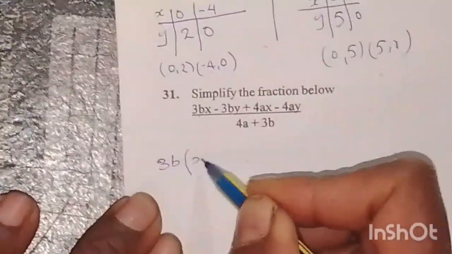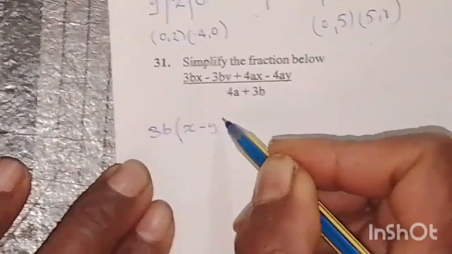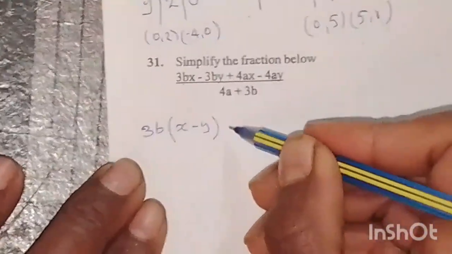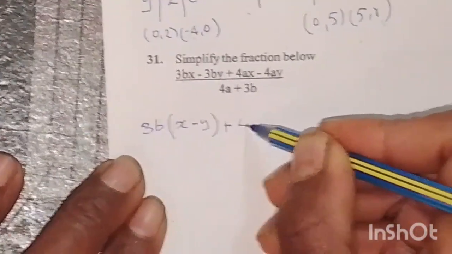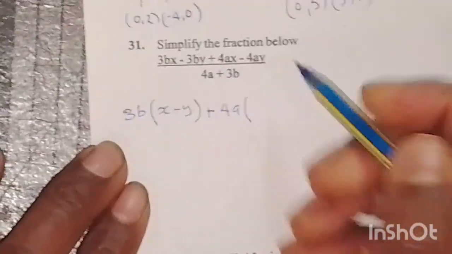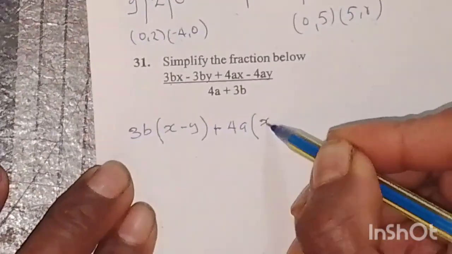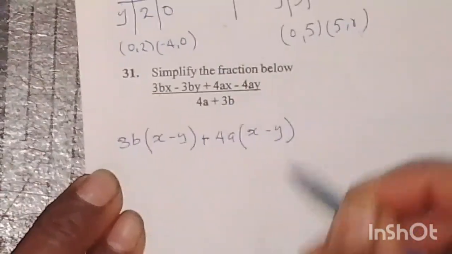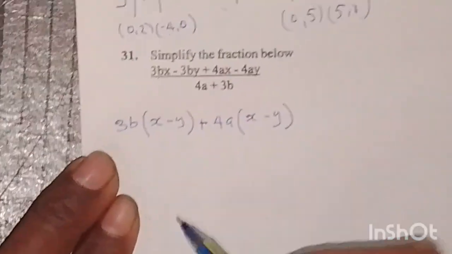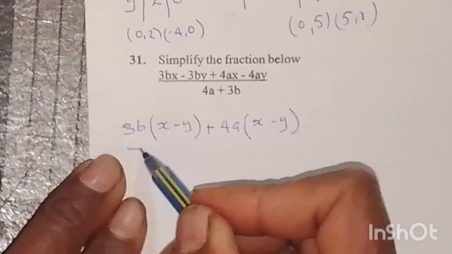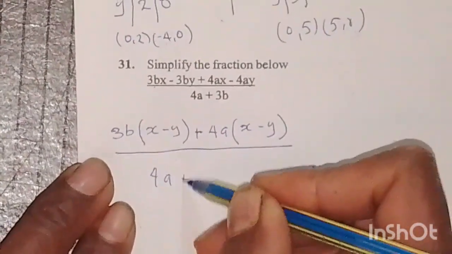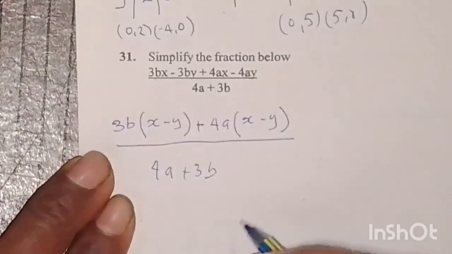This becomes x minus y in the bracket. There is 4ax here and 4ay, so 4a is common, and this becomes x minus y. You should notice that x minus y is common. Then you divide everything by 4a plus 3b.